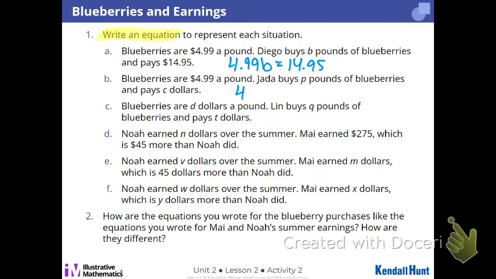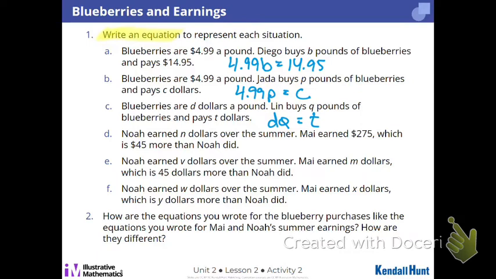So this one we don't have a total. $4.99 a pound for P pounds totals C dollars. And the third one, they cost D dollars a pound per Q pounds totaling T dollars. Again, I just want to reiterate, as I'm writing this, it is the sentence.